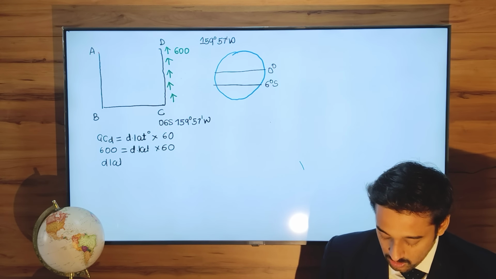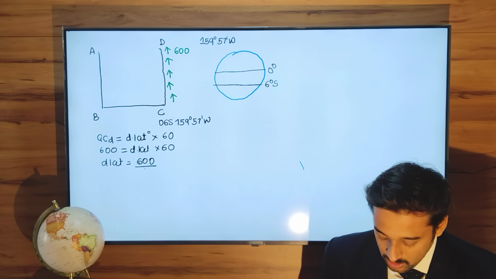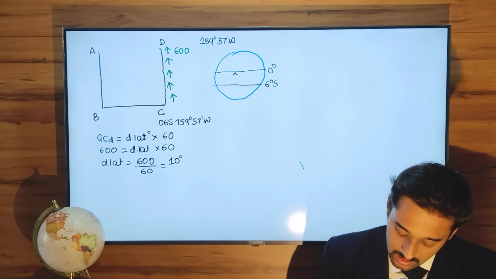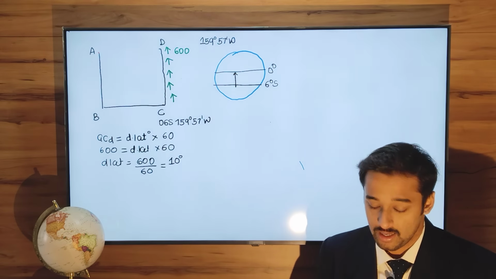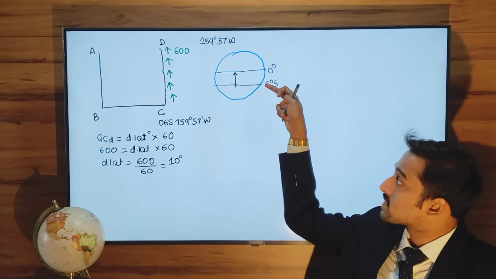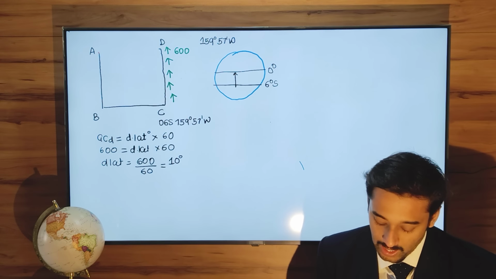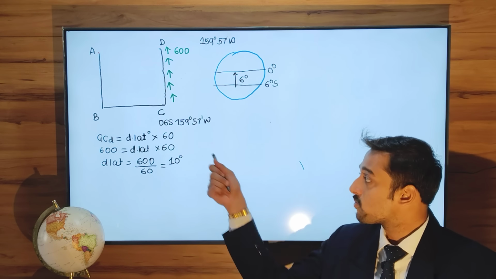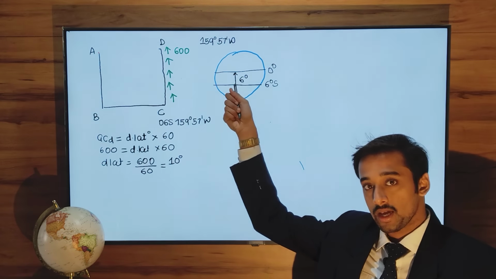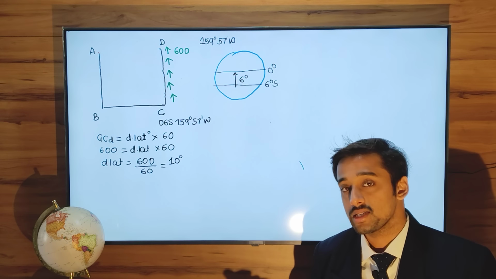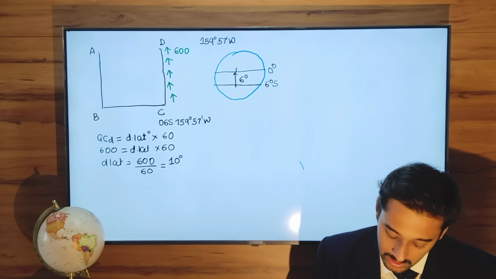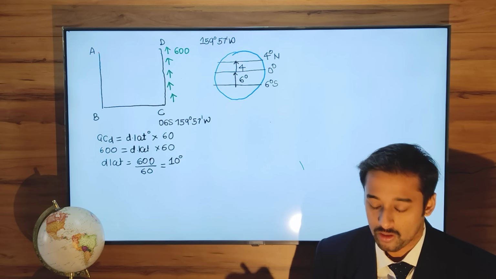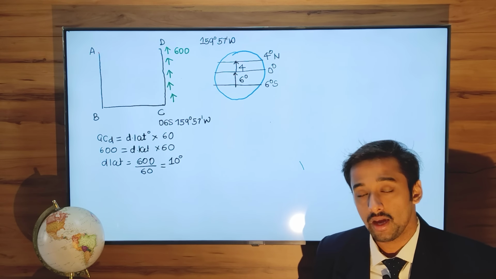So d lat equals 600 by 60, which is 10 degree. Initially, going from 6 degree to 0 degree, we cover a difference in latitude of 6 degree. Now what is the difference remaining? Out of total 10 degree, we have traveled 6 degree. So the remaining d lat is 4 degree. So we will travel 4 degree up and reach a new latitude of 4 degree north.